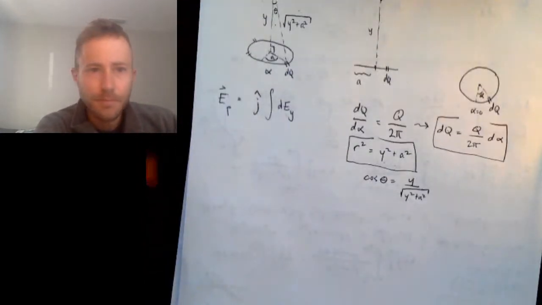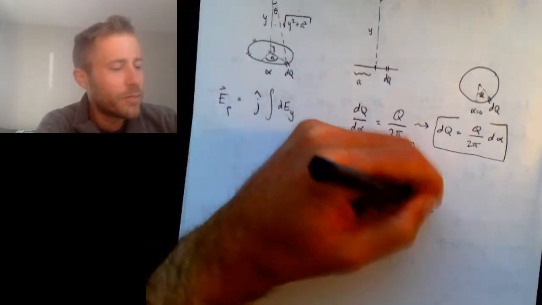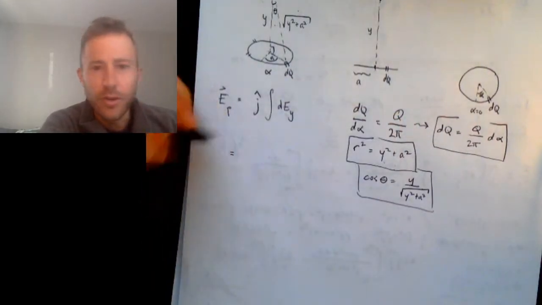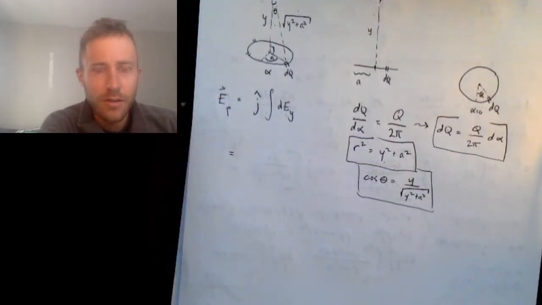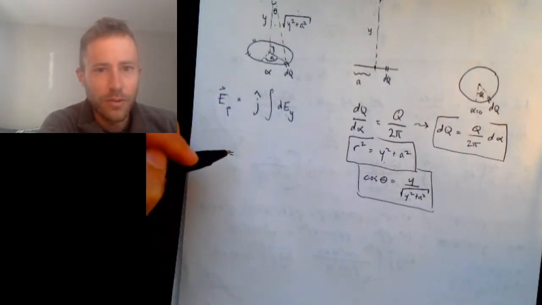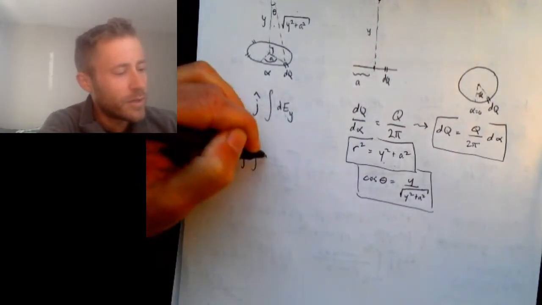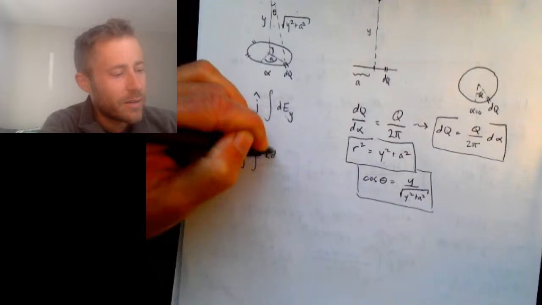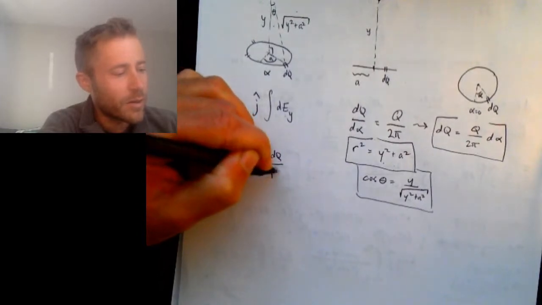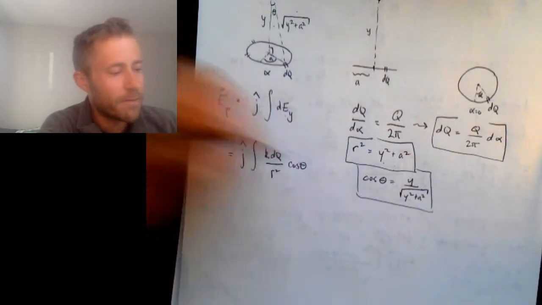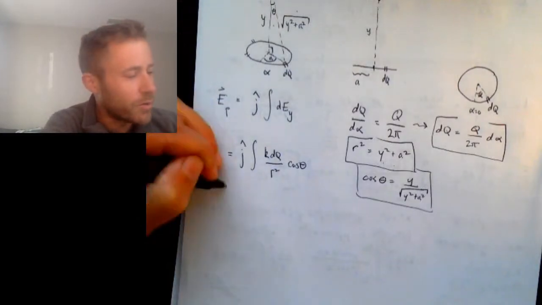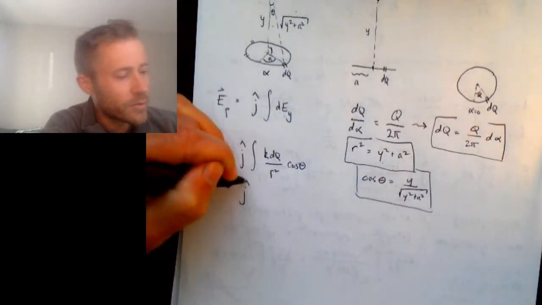All right. So these are the bits of information we need. So in calculating the electric field, we're going to have j hat times dE, which is k dq over r squared times cosine of theta.